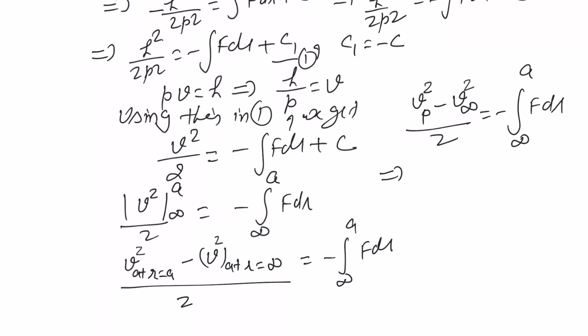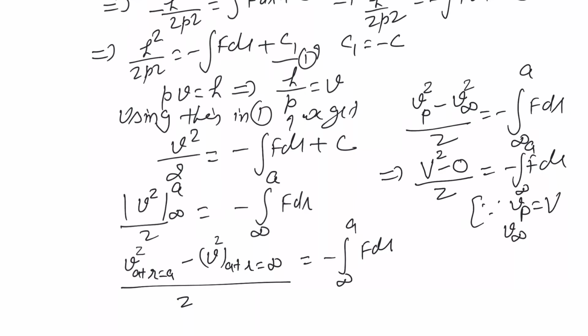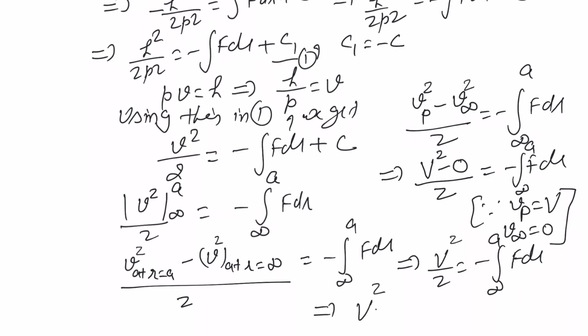Velocity at point P is capital V, and since the particle was at rest at infinity, the velocity at infinity is 0. This implies V squared by 2 is equal to minus the integral from infinity to a of f dr. This implies that the velocity from infinity is given by V squared equals minus 2 times the integral of f dr from infinity to a. So this is the expression for velocity from infinity.